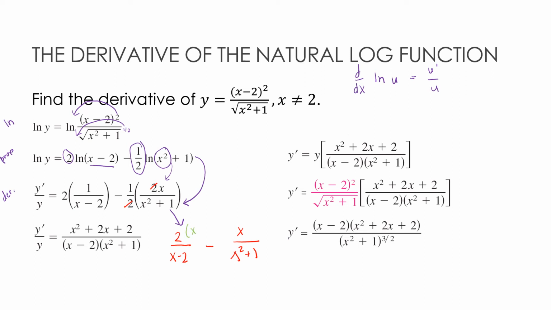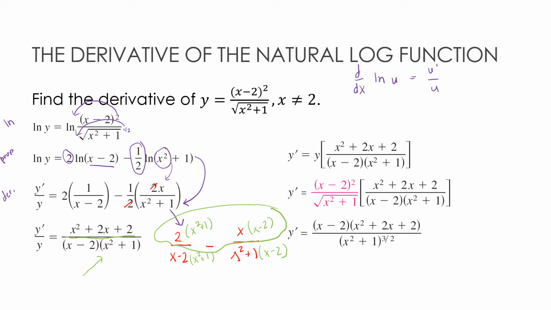So I took this times x squared plus 1 on top and on bottom, of course, and this times x minus 2 on top and on bottom. And that's what enabled me to write it as one fraction. And then I did all of this math sort of off camera to come up with all of this in my numerator. So there were a lot of steps in between, but it's just algebra, so I know that you can do that yourself.